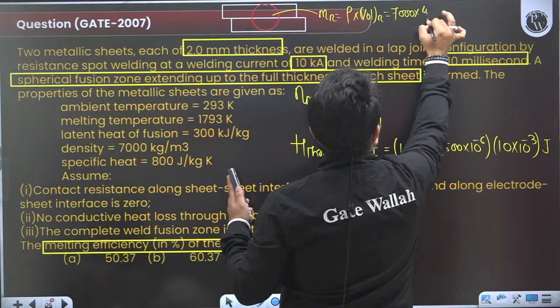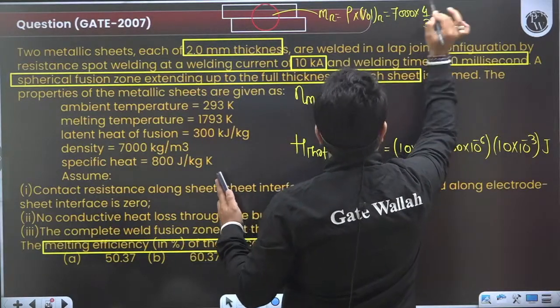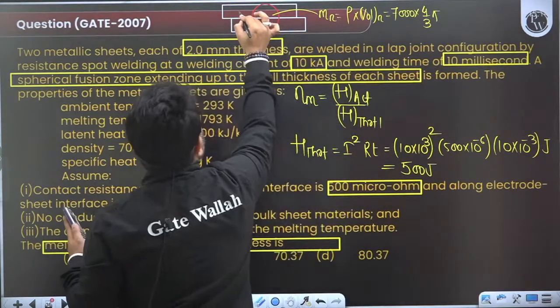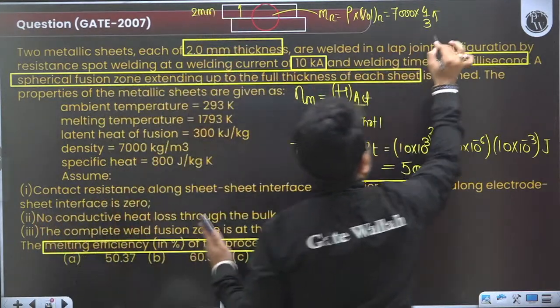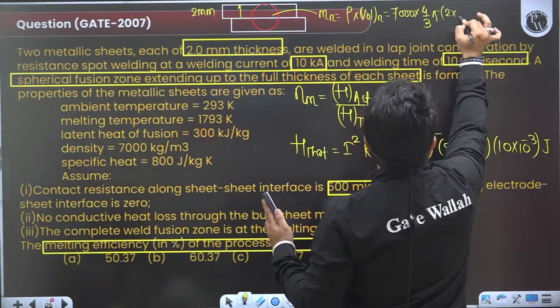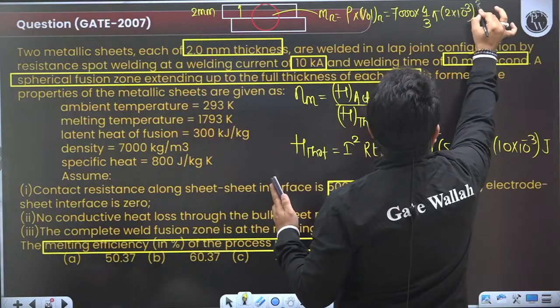Volume is 4 by 3 pi. Radius is 2 mm, so (2 × 10^-3)^3.